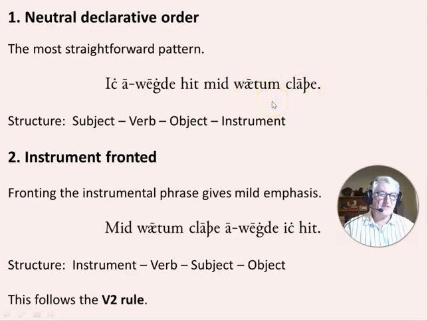Now, the instrumental form was disappearing in the Old English period. So it took the dative shape, and as you can see, wētum clāþe is in the dative. Generally, when you see a preposition, that signals the dative. So these words here go into the dative form.